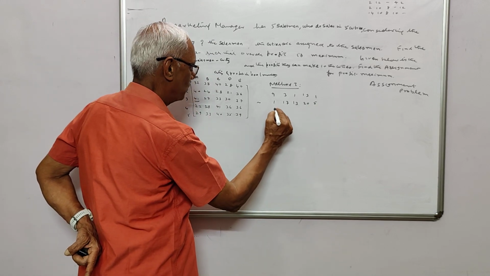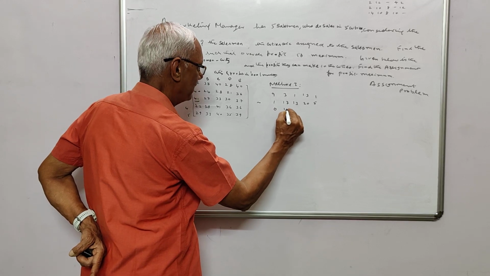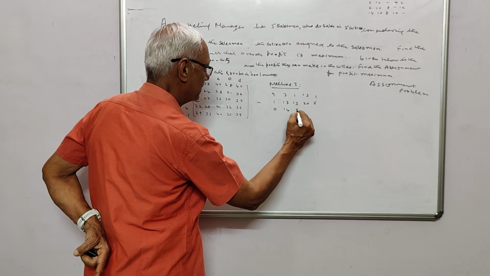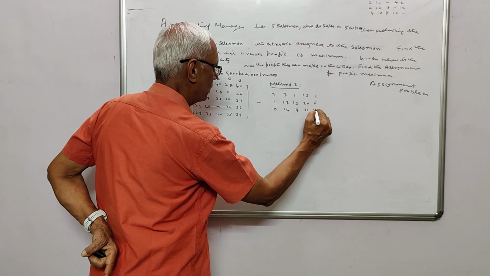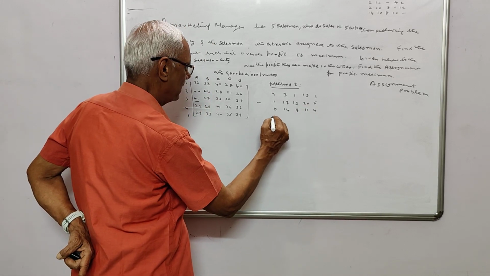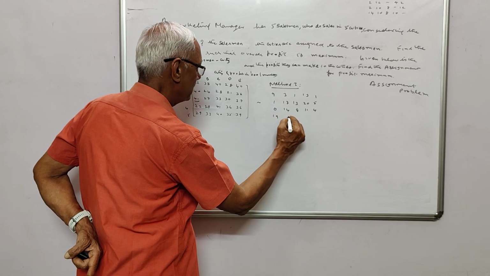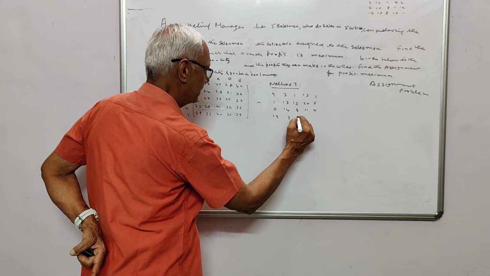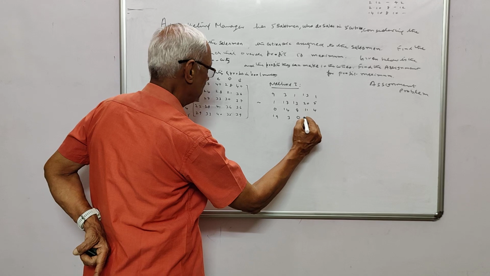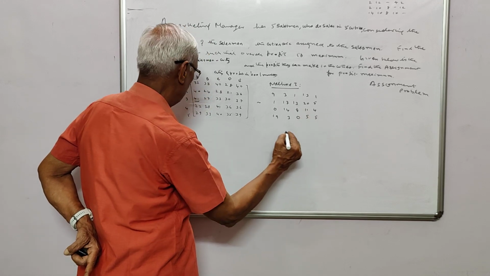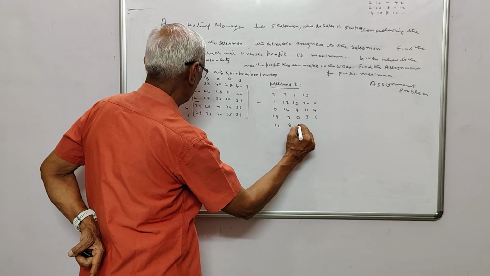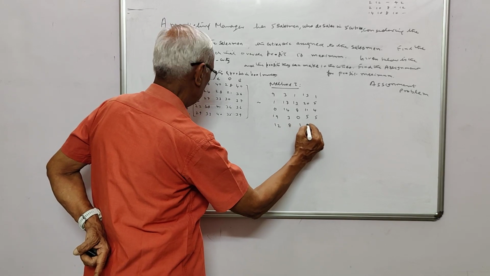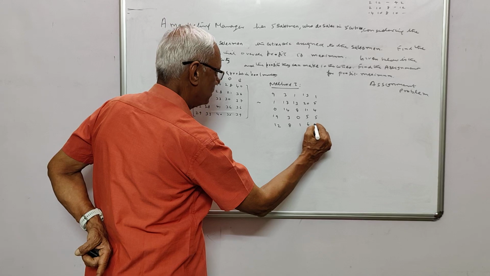Then the next one is 41 minus 41 is 0. Then it is 14, it is 8, it is 11, it is 4. The next one is 19, 3, 0, 5 and 5. This is 12, and this is 8, 1, then 6, 2.